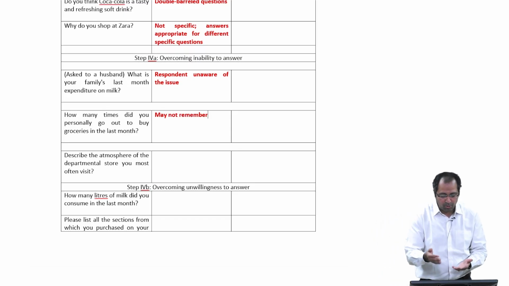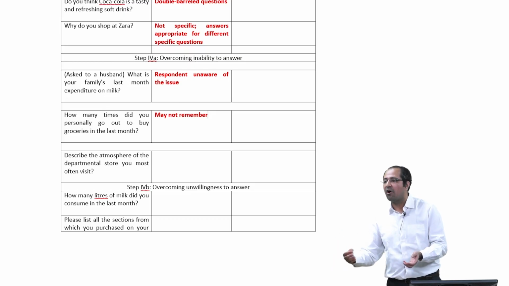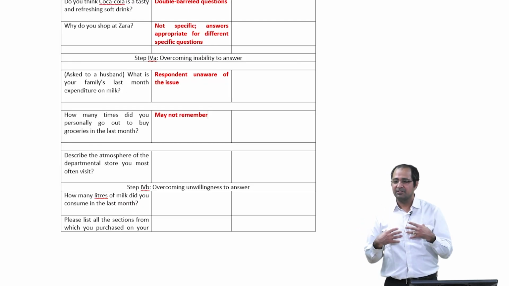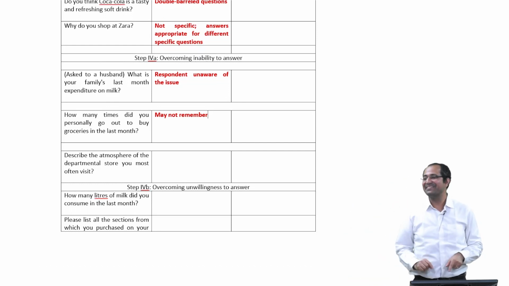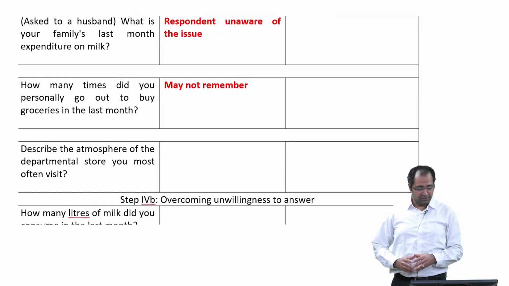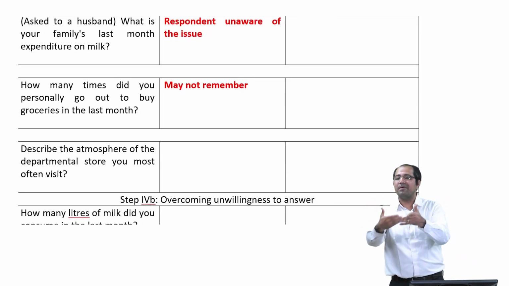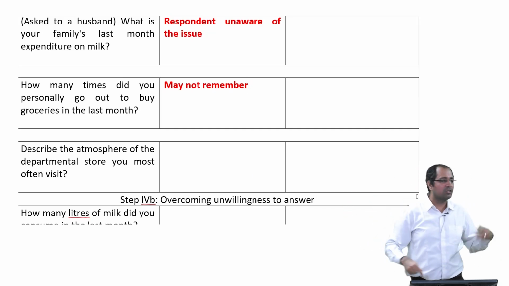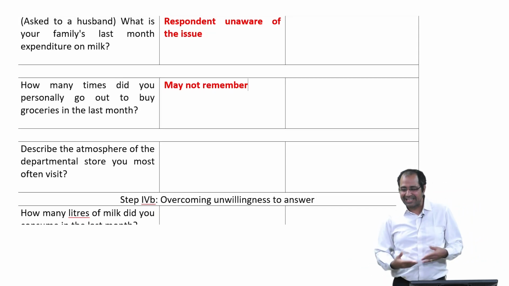Instead of saying that, can you say, in a typical week, how many times do you personally, you can write you personally, not your family members, to prevent misinterpretation, right? Which means you can ask, in a typical week, how many times do you personally go out to buy groceries? Whatever number is given, if you want to measure in the month, multiply it by 4. You will get your answer, right?